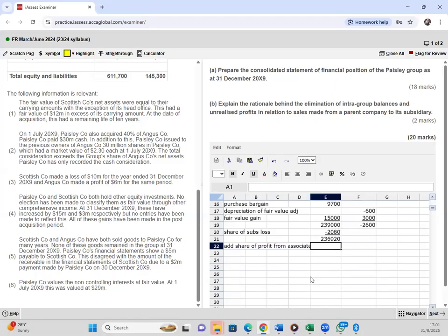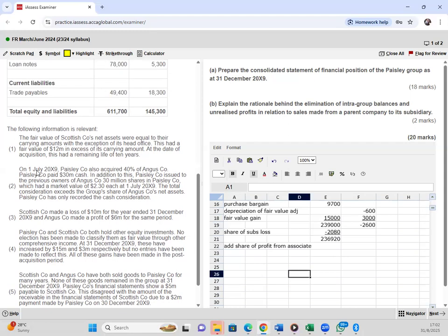So the share of profit from associate, let's go and hear what the question was saying about the associate. We were told about the associate's profit. Where there was 10 million, they said Angus made a profit of 6 million. So the associate made a profit of 6 million. When did we buy the shares in associate?